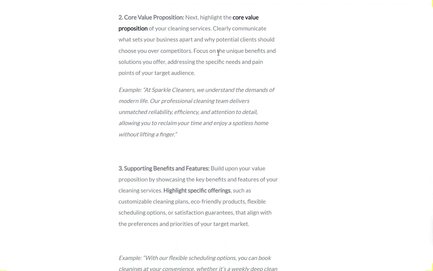Next, a core value proposition. I have other blogs about value propositions. You can have a main company one, like we're the largest in the county, we've been around the longest in the county, or we're the only organic cleaning company in the county. That would be a company value proposition.